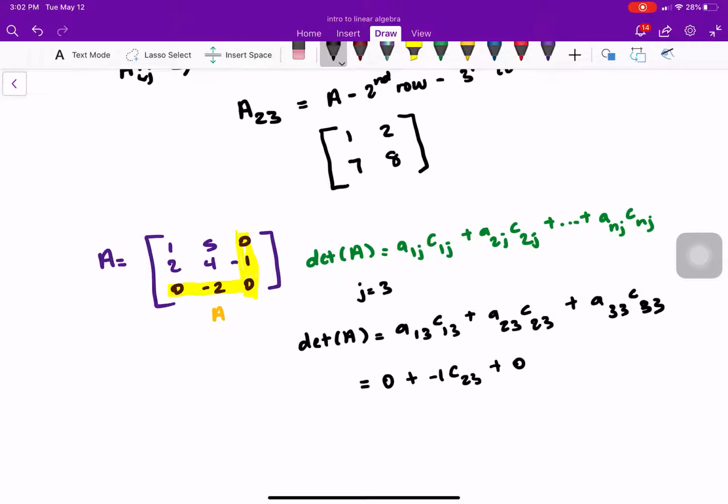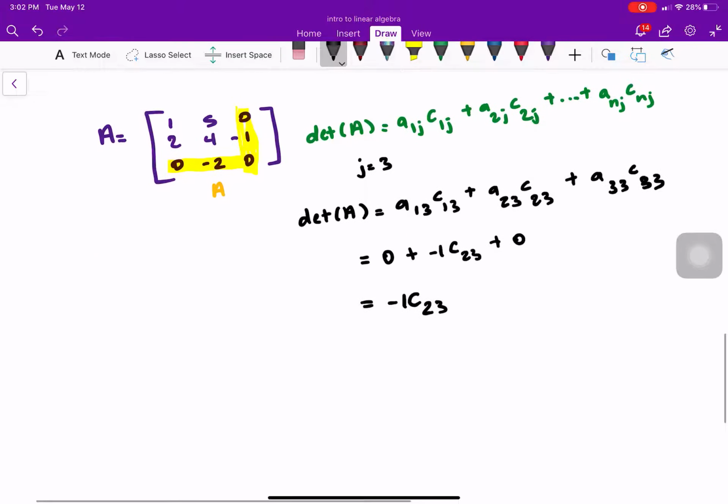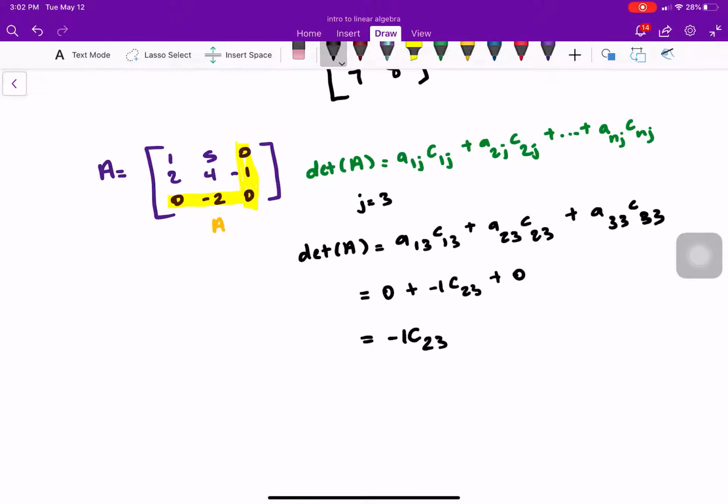And again, anything multiplied by 0 is 0. So that really makes our formula simple. So now the determinant of A is equal to negative 1 times C2,3. But that's not all. Now we want to figure out what C23 is.